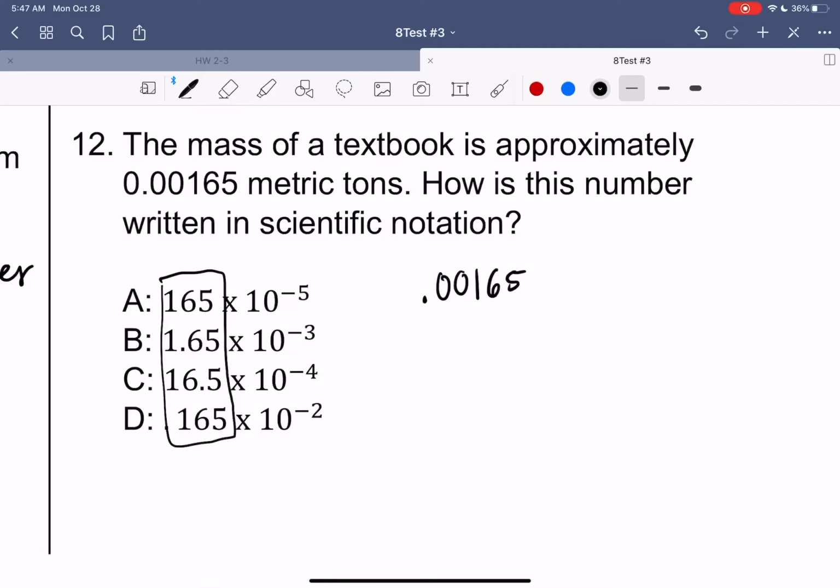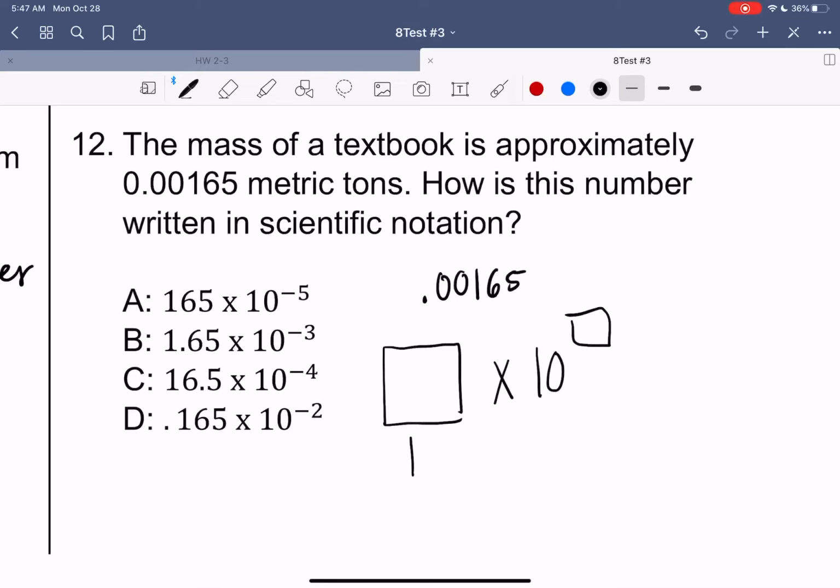These are all actually the same number. But what you have to remember is that this number here is being multiplied by 10 to some exponent, and this number has to be between 1 and 10. So our decimal needs to be here, so 1.65.